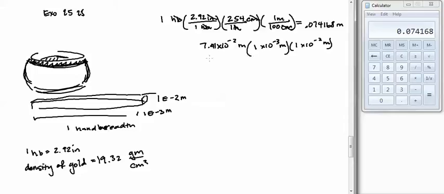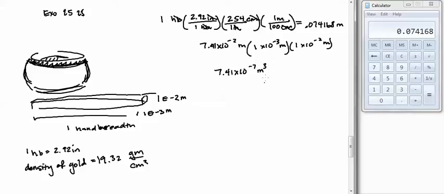So that volume would be, well, the numbers are nice because it's all 1, so the answer is 7.41 times 1 times 1, which is still 7.41. And then the times 10, this is pretty nice because all I got to do is add negative 2 plus negative 3 is negative 5 plus negative 2, that's another negative 7. So I have 7.41 times 10 to the negative 7 cubic meters.